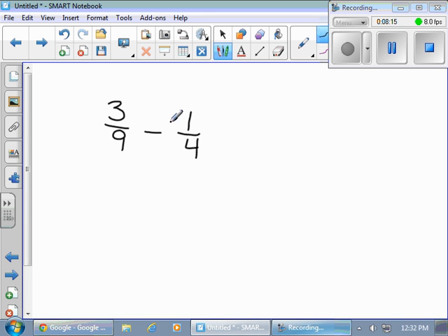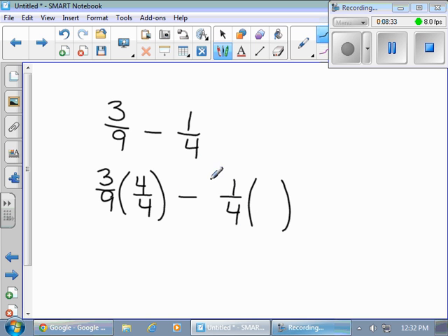You're going to do the same setup. The only thing is, instead of adding, I'm subtracting now. So you take 3/9 and multiply it by 4/4, because that's what this bottom denominator is. Minus 1/4 times 9/9.